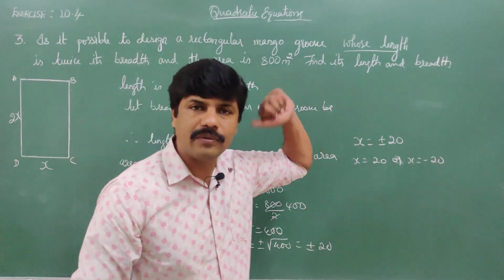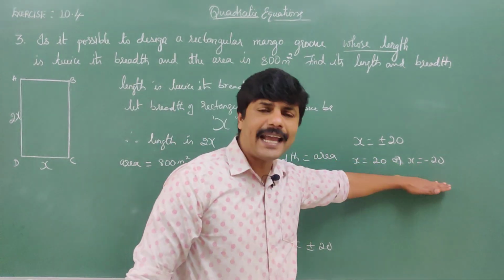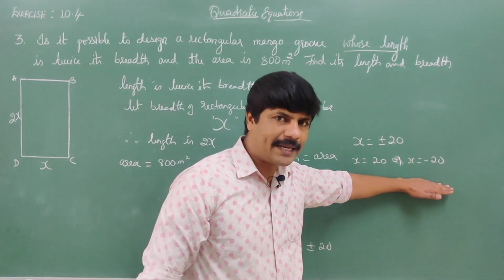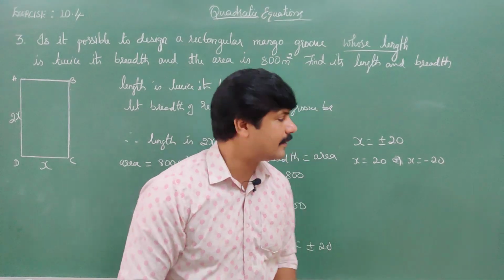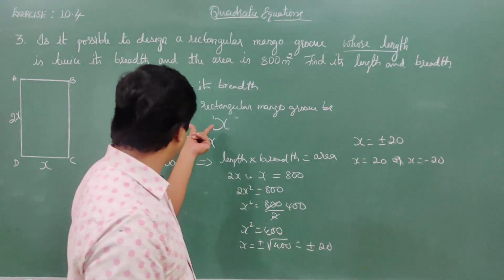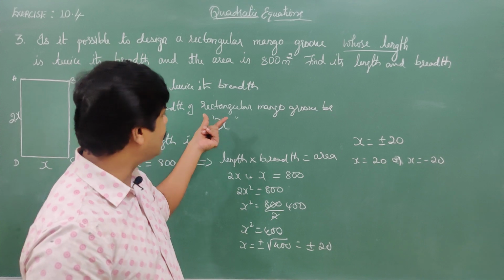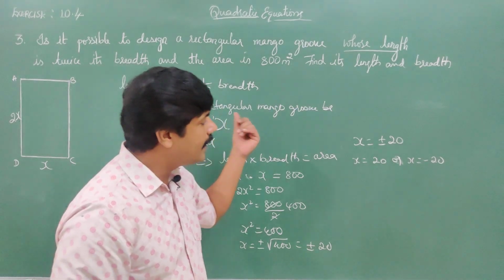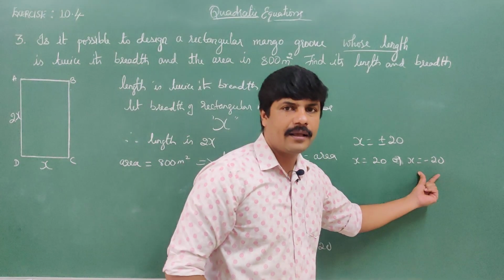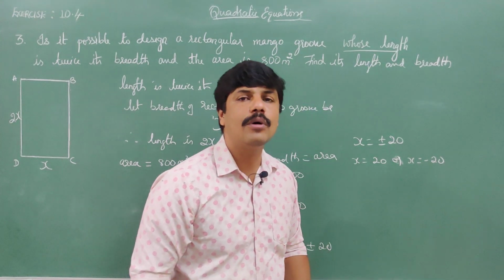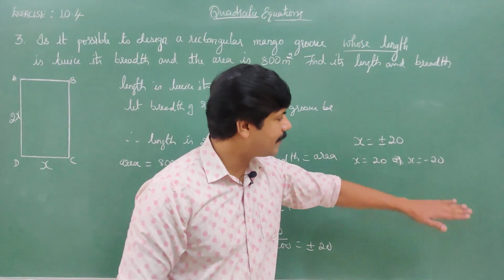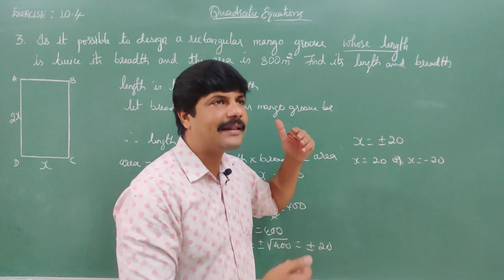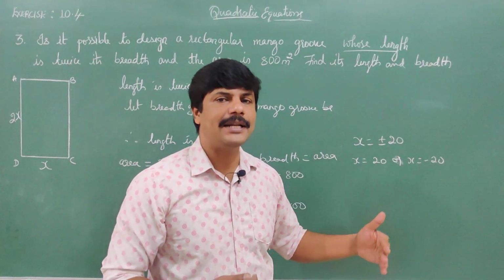Now, two values we have got. If we take minus 20, then the breadth, which we said is x, would be minus 20 meters.